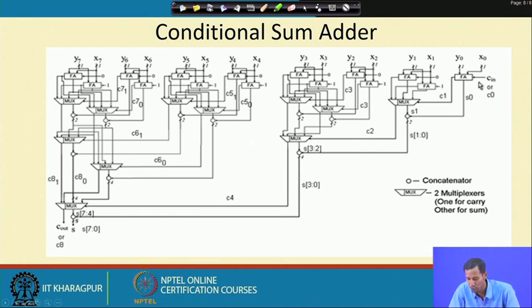Whenever I am computing this particular cell, I am also computing these two full adder cells, as all the inputs are already available to me. So for the addition of y1 and x1, these two full adder cells run in parallel, considering 0 carry for one and 1 carry for the other.